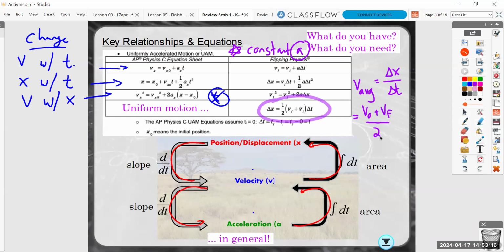This can be really handy because if I'm in a sports car and I start off at 0 meters per second and get up to 30 meters per second, my average speed for that interval is going to be 15 meters per second. So it can be a really handy way to quickly calculate distances without having to use 1/2 at squared or whatever. That really only applies for constant acceleration.